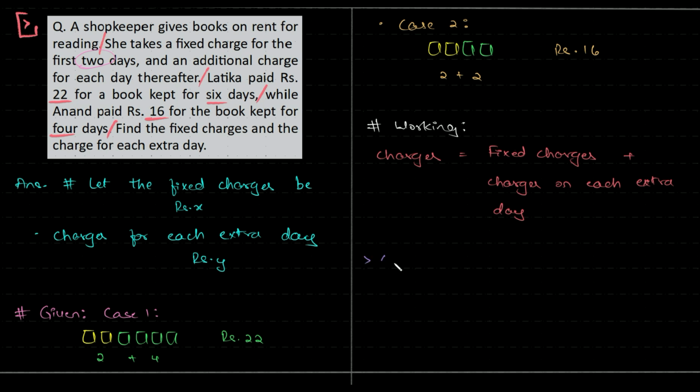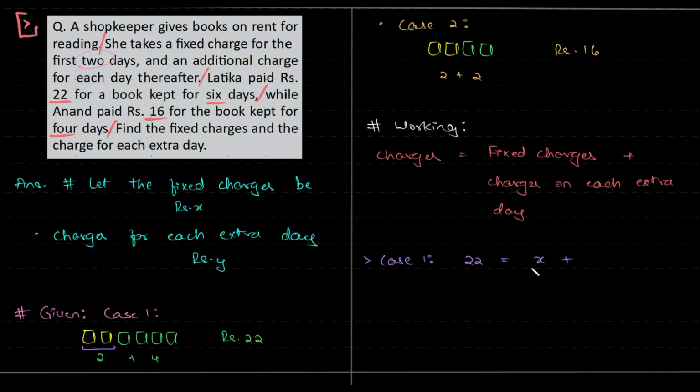So we have case 1. In case 1 we have 22 rupees and this would be X itself for 2 days. See, the entire 2 days is fixed, not per day. So this is fixed charges, which we can't change. So this 2 days put together is X. You need not write it as 2X, it's just X.